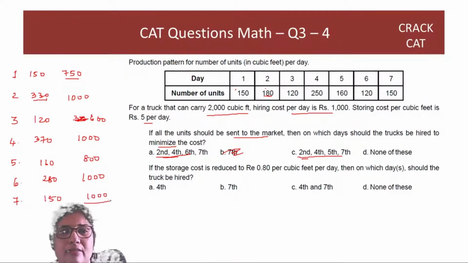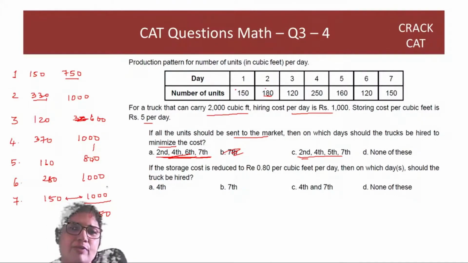So your cost here in this scenario, second, fourth, sixth, and seventh, comes to 4000 and 6150. But the thing is that here we are actually forced to use the truck.